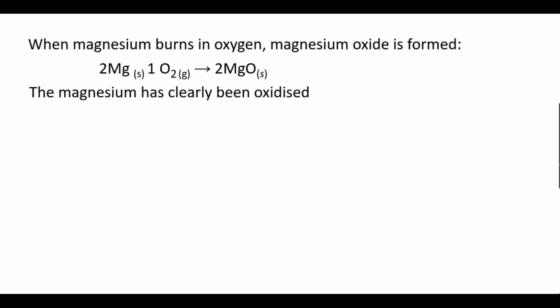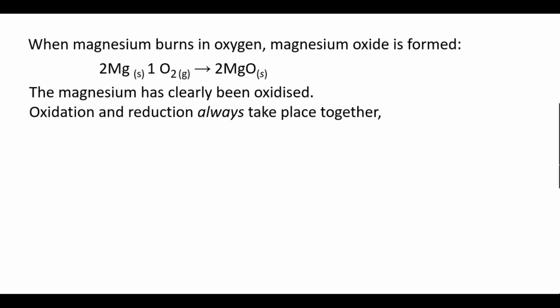In this reaction, you can easily see that magnesium has clearly been oxidized. But how? It is clear that it is involved in gaining oxygen. So oxidation, whereas the oxygen, you can easily see, is reduced because the oxidation state of oxygen is decreased to -2 from 0.